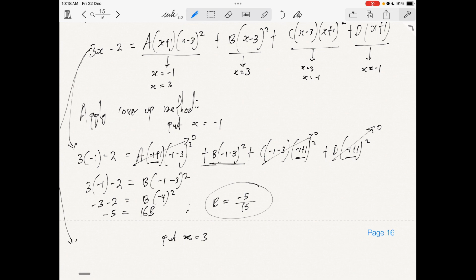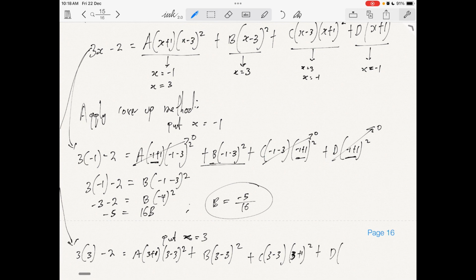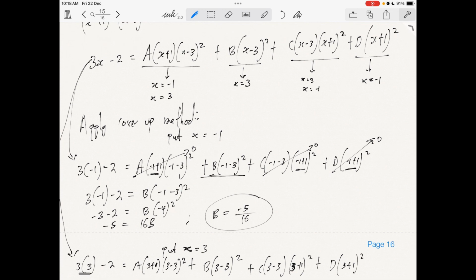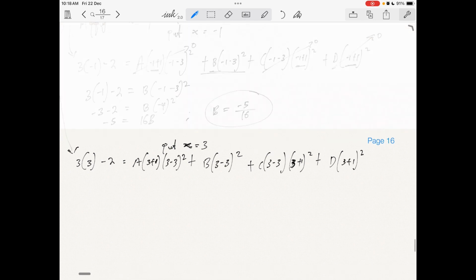So that means we'll have 3 into 3 minus 2 is equal to A into (3 + 1)(3 - 3)² plus B into (3 - 3)² plus C into (3 - 3)(3 + 1)² plus D into (3 + 1)².